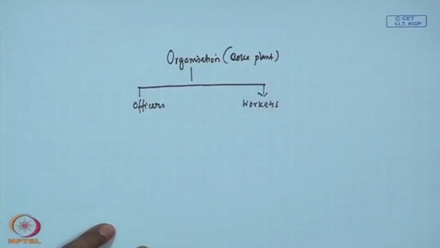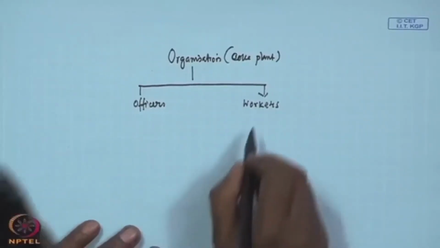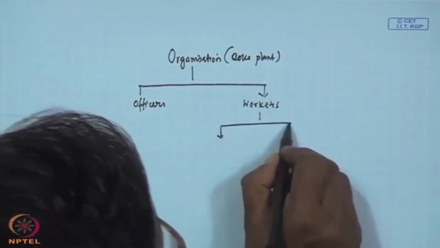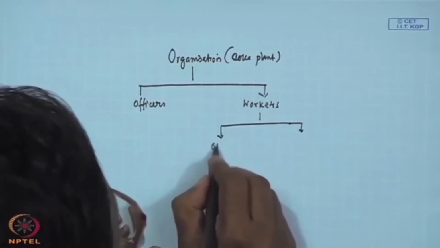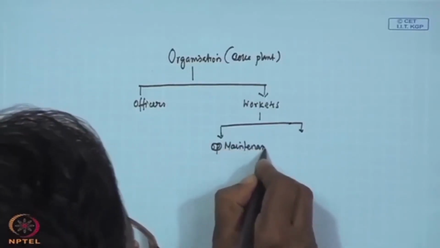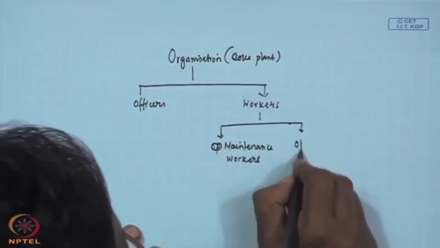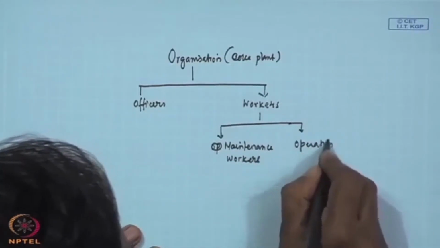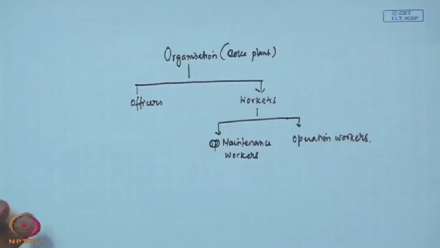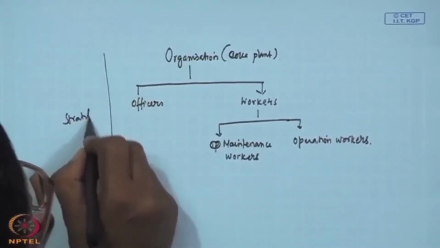So, we write like this, officers and shop floor workers. Then in shop floor workers, there are maintenance workers, first I write maintenance workers, this way we have designed. Then operations workers. So, this is our stratification.